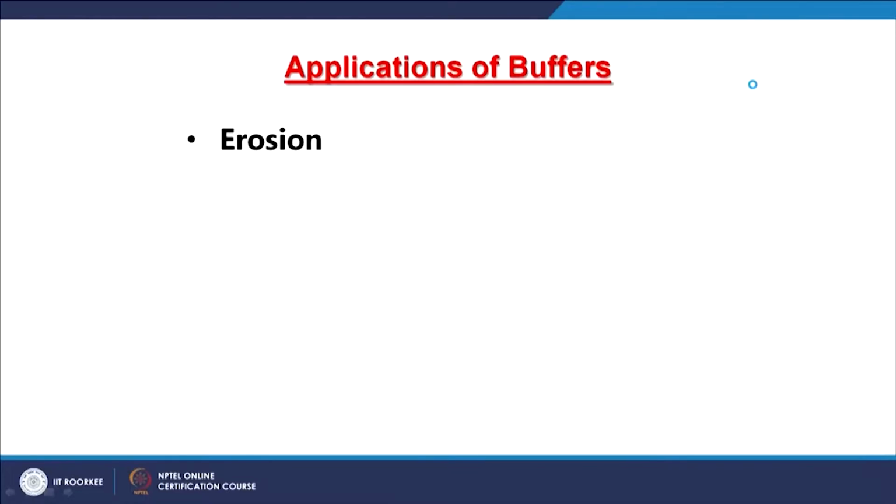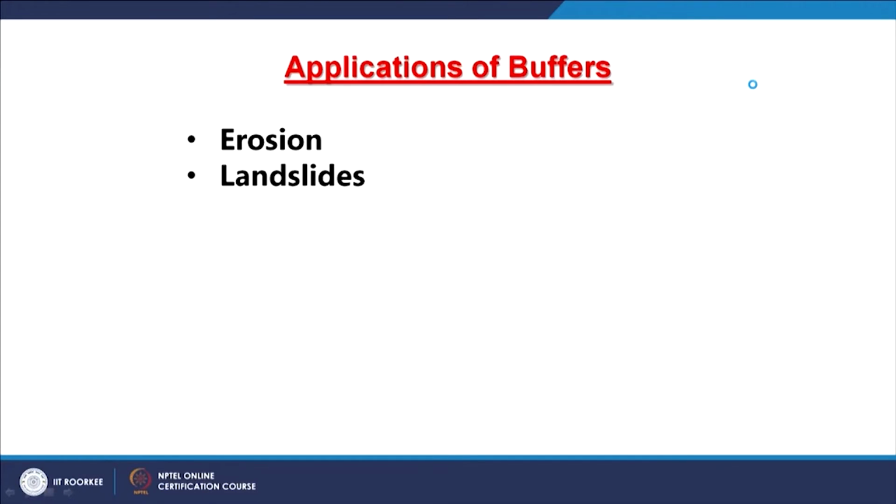We have already discussed some applications of buffers, but for completeness we will go one by one. For soil erosion studies, buffers are very useful, or any other type of erosional studies, buffers can be generated and the situations can be assessed.